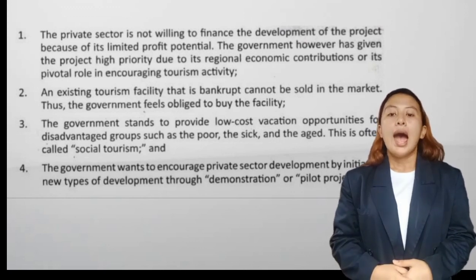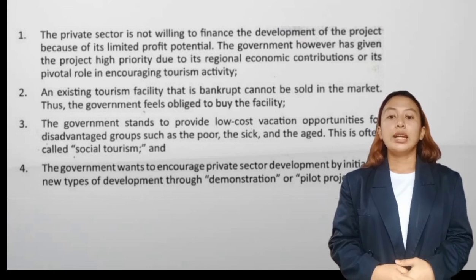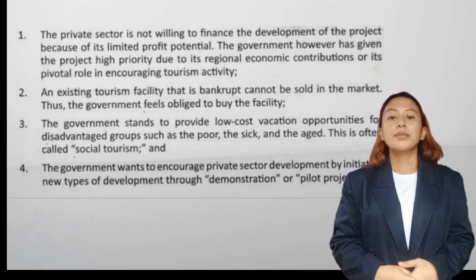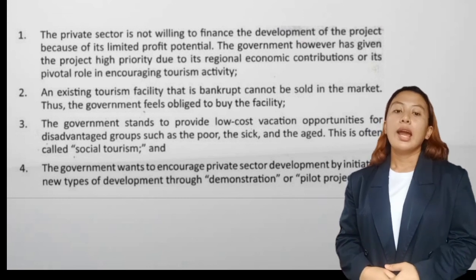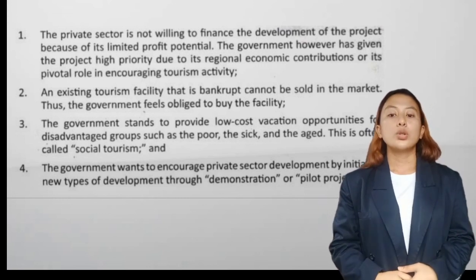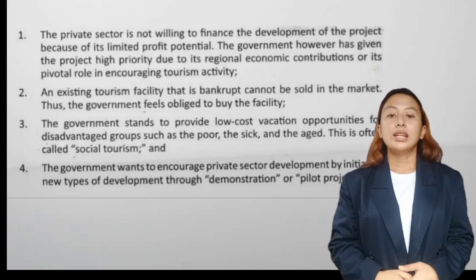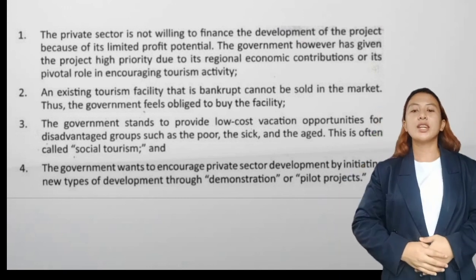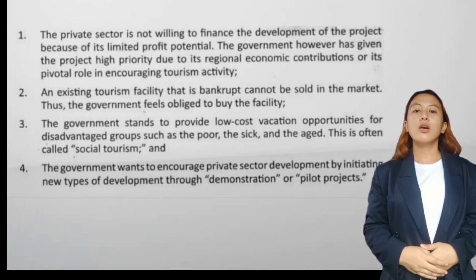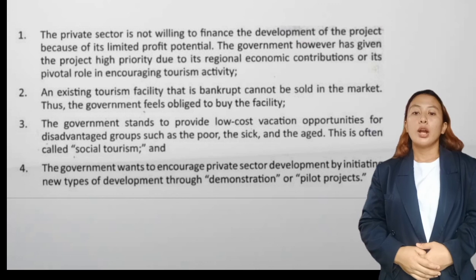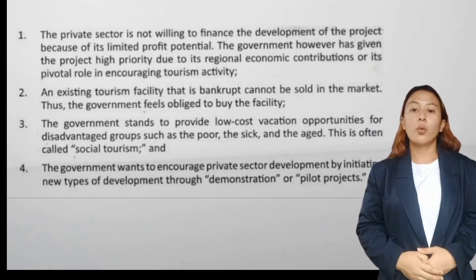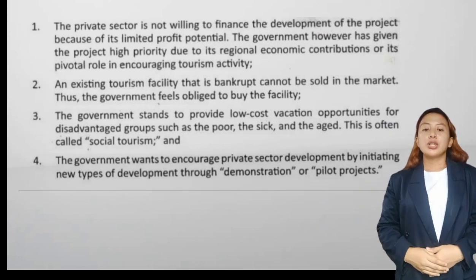Second, an existing tourism facility that is bankrupt may not be sold in the market. Thus, the government feels obliged to buy the facility. The third reason is the government wants to provide low-cost vacation opportunities for disadvantaged groups such as the poor, sick, and the aged.